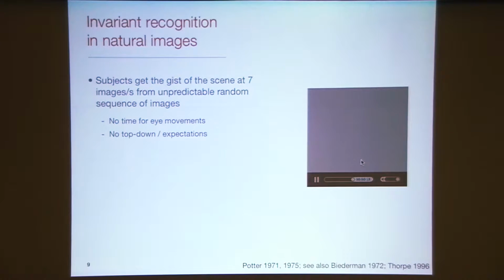Moreover, I cannot do it here because of the refresh rate on the projector screen, but in the lab, as experimenters, we're able to present what is called an eraser mask right after the presentation of the stimulus. What this eraser mask does is that it really precisely constrains the amount of time available to your visual system for the kinds of operations that are needed for the task.